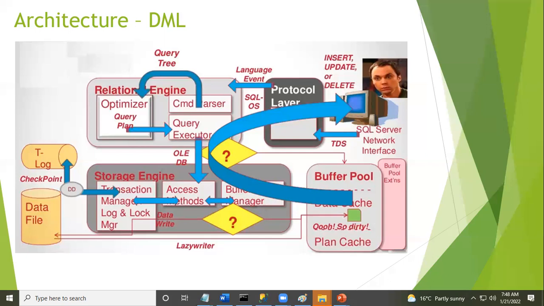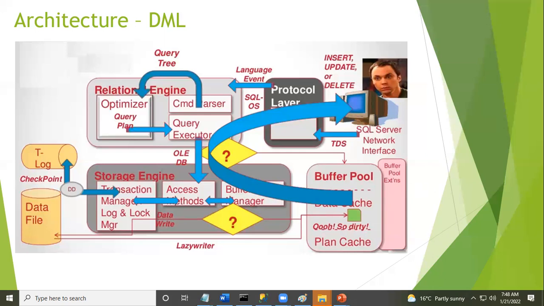Whether the transaction is committed or uncommitted is secondary, but it will first write the transaction information into the transaction log file, right? That is the first thing. Second thing, whatever modified pages since the last checkpoint, or whatever dirty pages we have in the buffer pool, will be written to the database file, right?